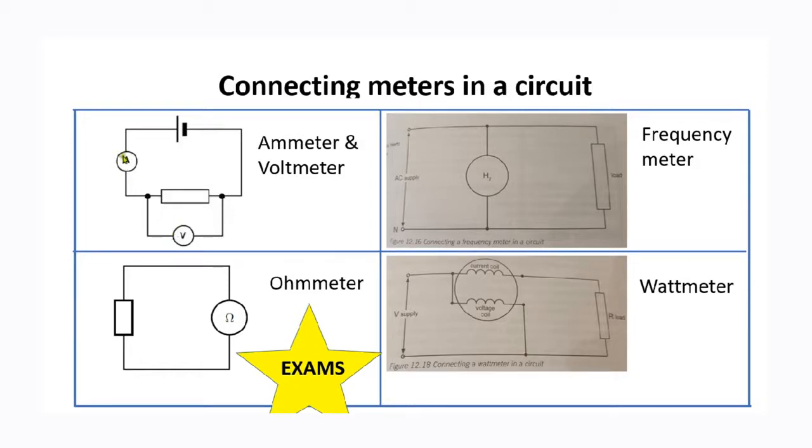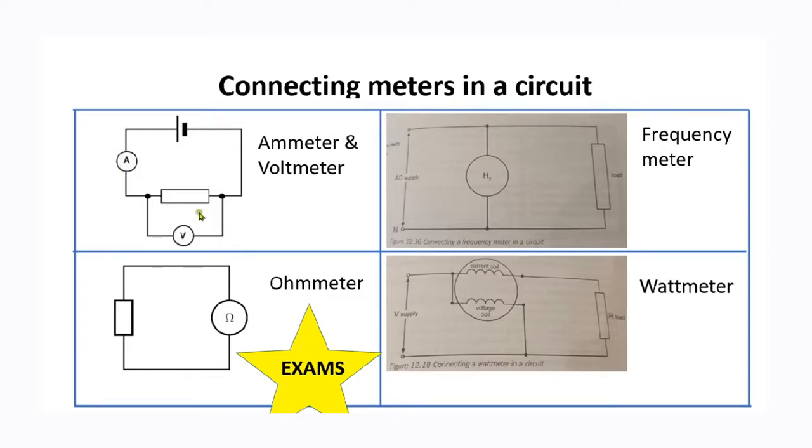If they tell you to draw the ammeter only, don't draw this part here. Leave out this voltage part of that circuit. But if they tell you to draw the voltmeter in a circuit, then remove the A in the circle. Don't have anything there, but draw this part of it.